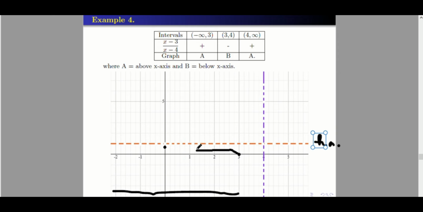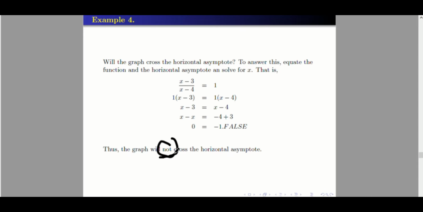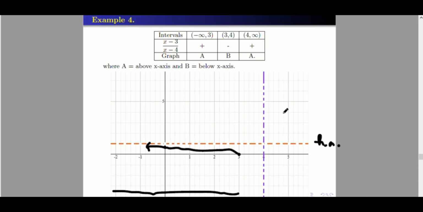Take note, we have here the y-intercept, so you must cross the intercept. It is asymptotic to the horizontal asymptote because, again, the graph will not cross or even touch the horizontal asymptote. So this is above the x-axis, because this is our x-axis.